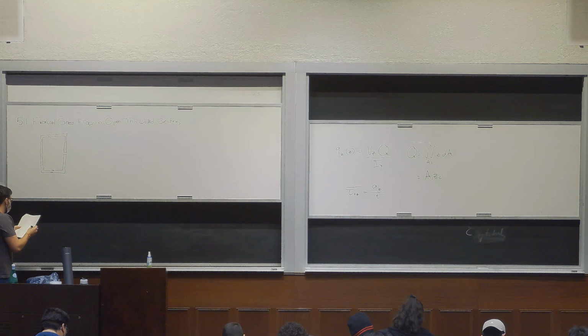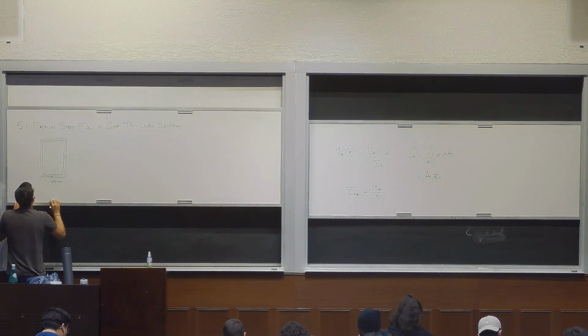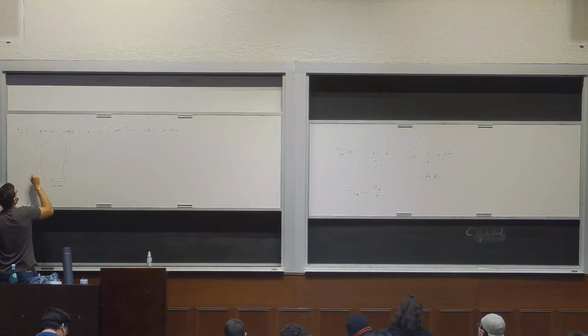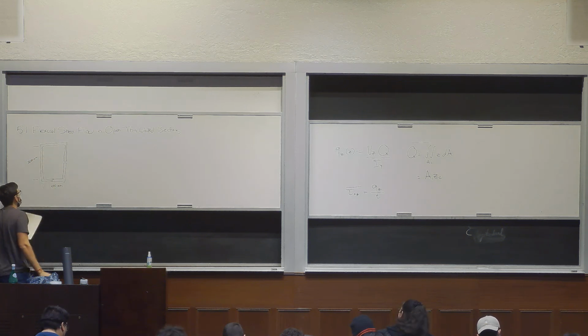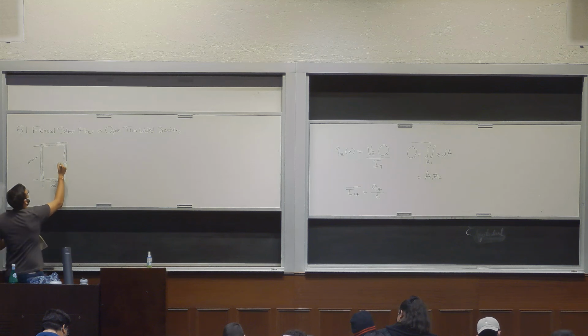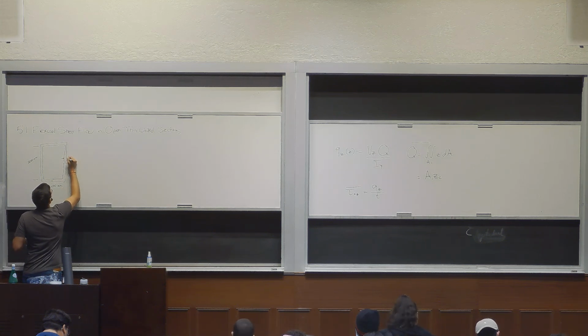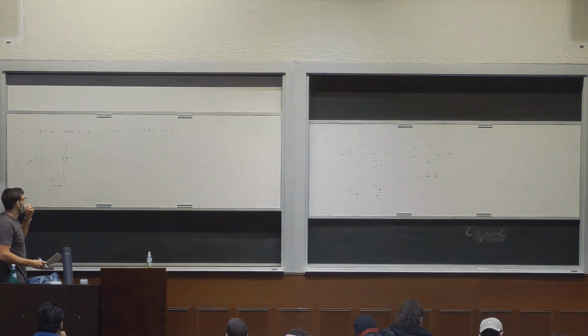The dimensions they give us is that from here to here is 100, and this one is 200. And the thickness is 2 millimeters. These thickness values are actually pretty important for these problems. It just adds a bunch of little numbers to your equations.